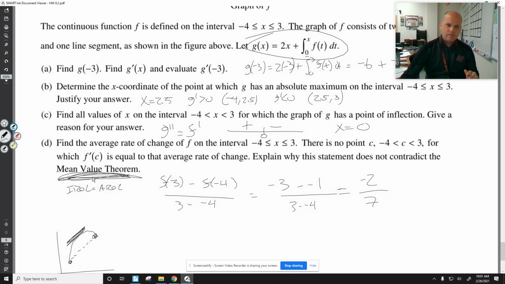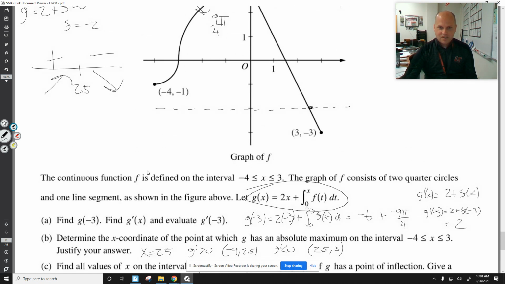We got to remember the mean value theorem only works if the function is differentiable. If there is a sharp point when you connect these 2 points, you are not guaranteed to have that tangent slope there. So here's an example, a sharp point, all of a sudden I don't have that tangent slope that equals that secant slope.